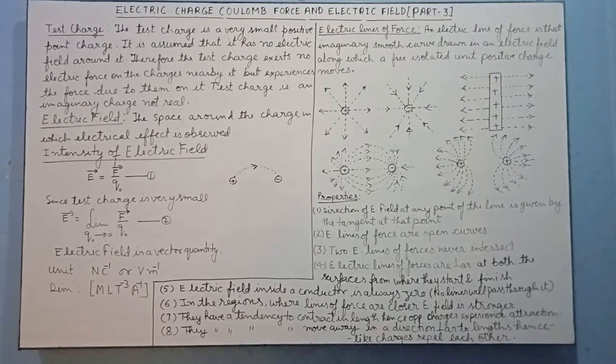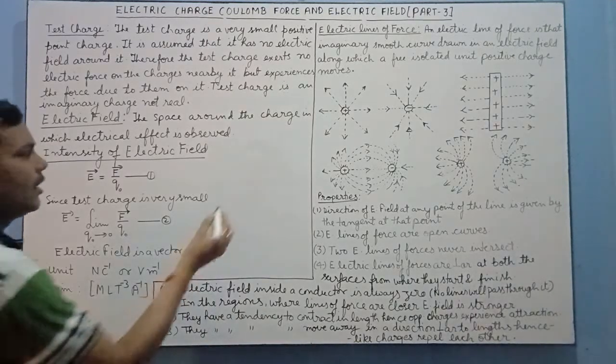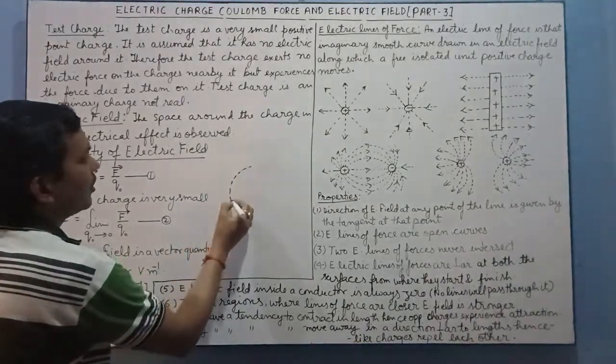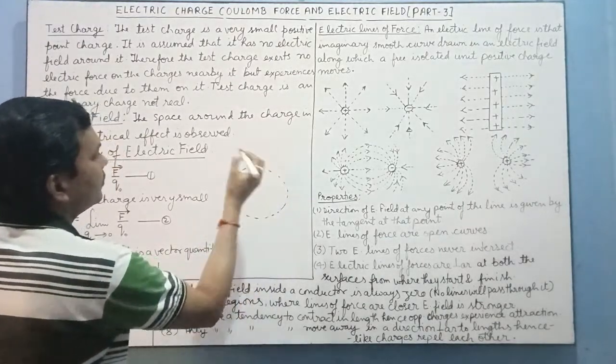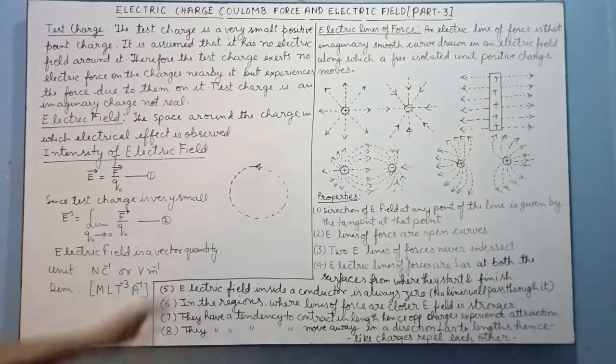So electric lines of force are open curves. But if the electric field is produced by a time varying magnetic field due to induction, in that case the electric field lines will be closed curves, and such fields are non-conservative in nature.